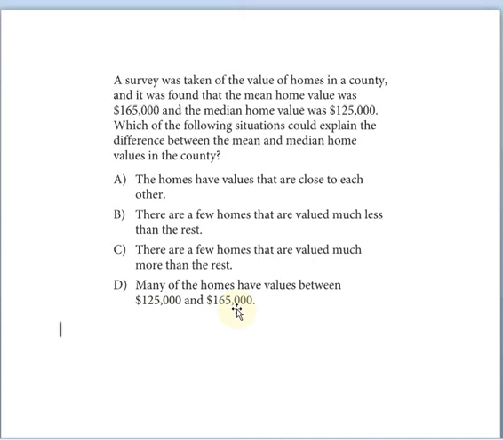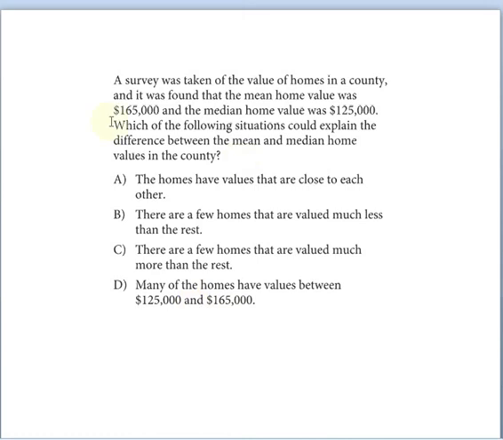This already violates the concept of the median being at 125,000, because if many of the homes have values between 125,000 and 165,000, that means probably 80 or 90% of the homes are between these two values, and that means the median must be within this range. But the median is given as 125,000, so it cannot possibly be within this range, right? So this answer is false.